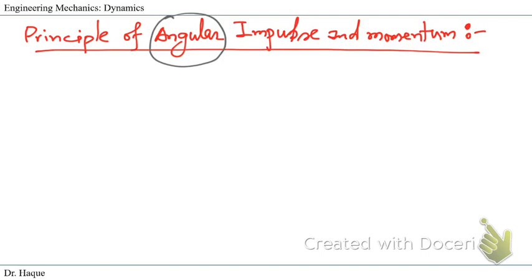In a previous lecture we saw the summation of all the moments equals the first derivative of the angular momentum, which is d over dt of the angular momentum, H dot.